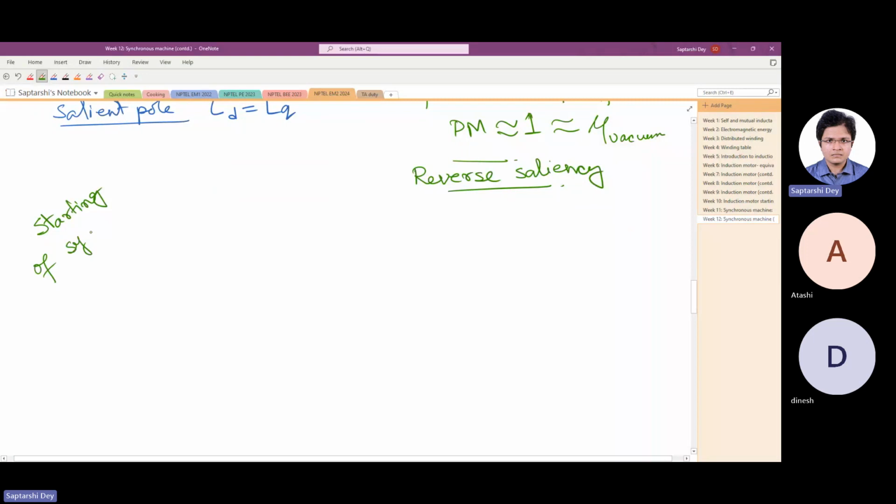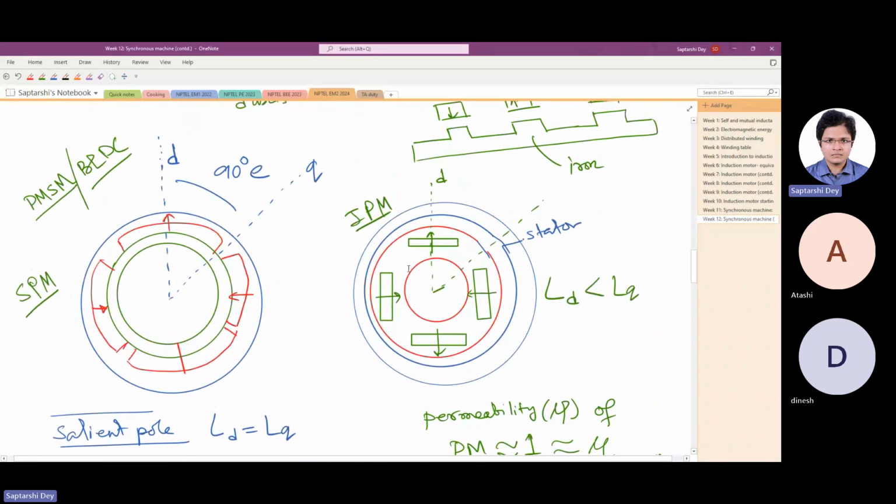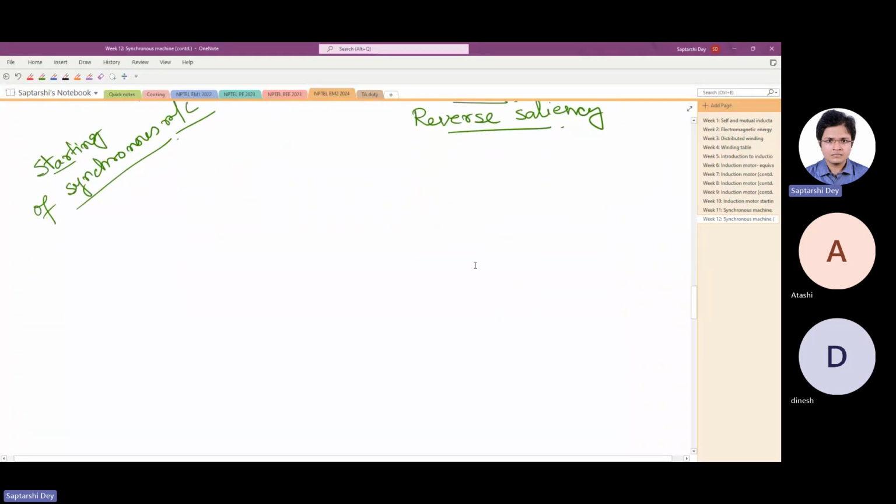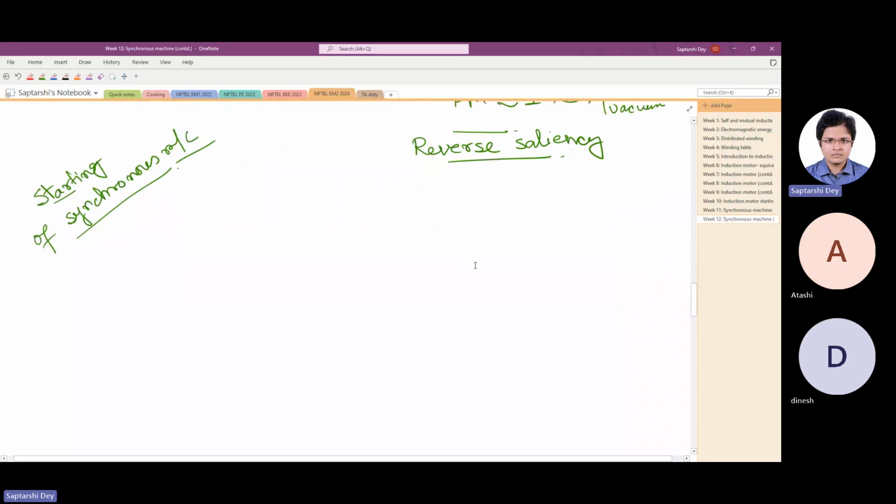This is actually very interesting, and this will lead to many more interesting discussions. And to be very honest, all these discussions will actually open the gateway towards higher studies of machines. You will at one time understand that all machines, maybe except induction machines, are synchronous machines.